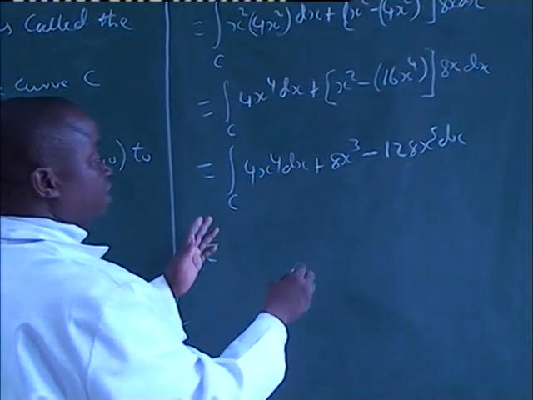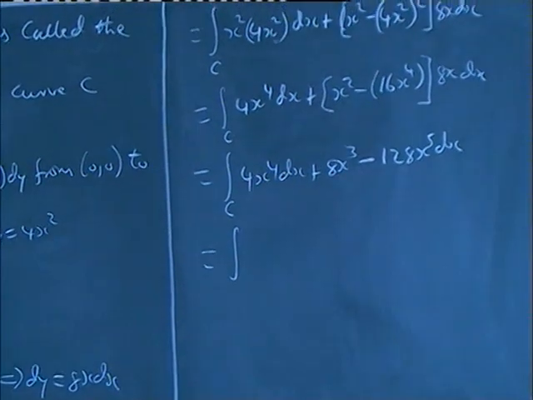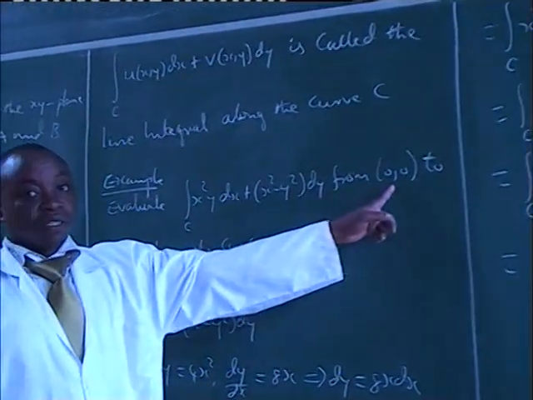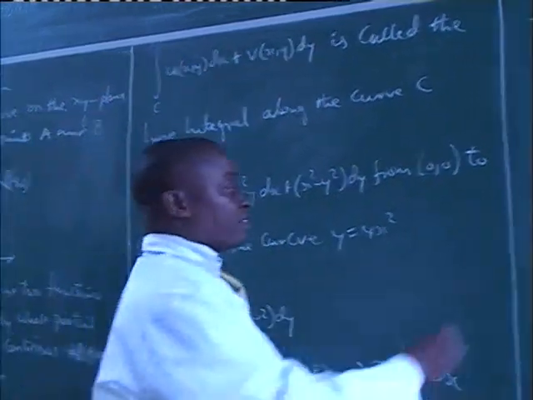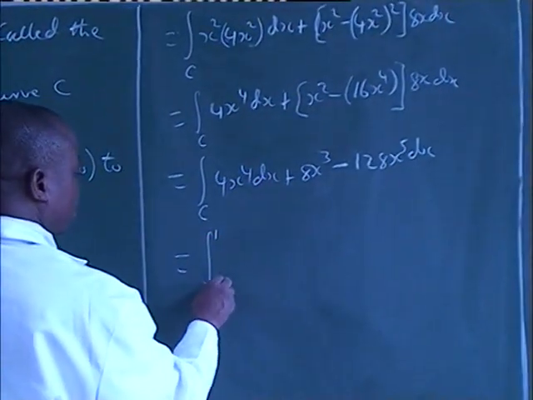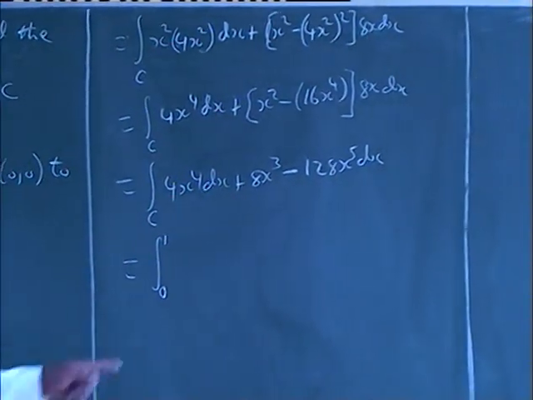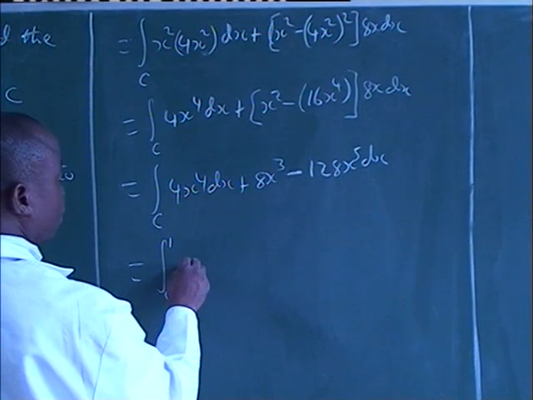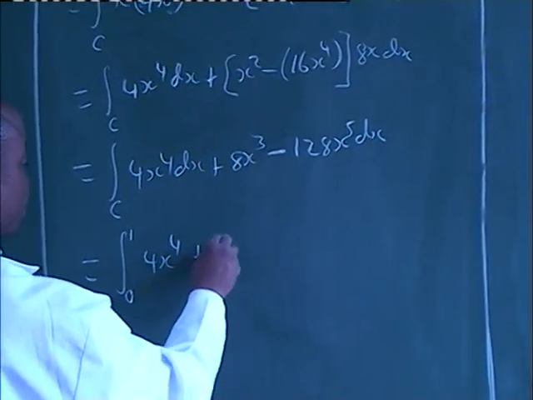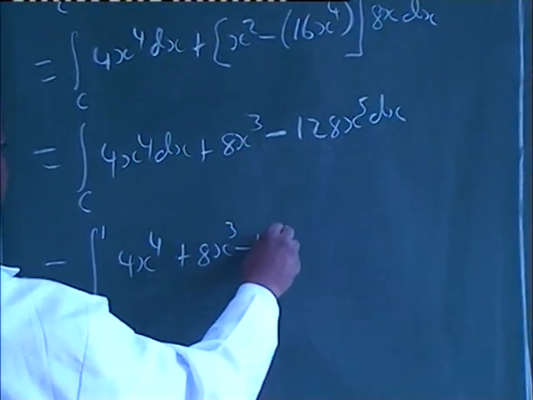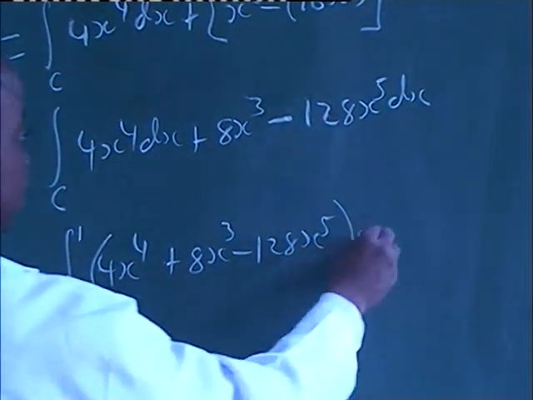So we can now write it this way: we are integrating from the origin to the point 1, 4, so the integral from 0 to 1, because we are giving it the limit now, of 4x to the power 4 plus 8x cubed minus 128x to the power 5 dx.